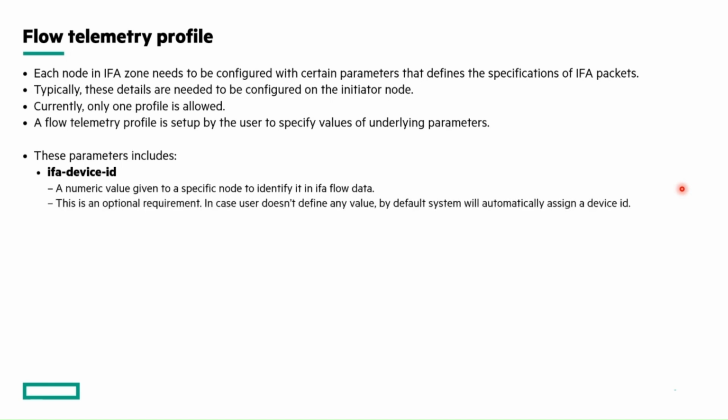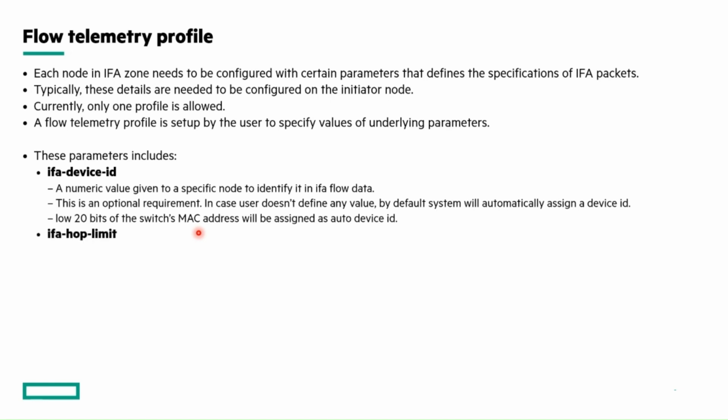In case the user doesn't define any value, we have a default, which will be automatically assigned by the system, and the default is auto. By this auto, we mean that if the default device ID is assigned to the switch, the lower 20 bits of the switch MAC address will be set as the device ID. That's what the auto configuration means for the device ID.